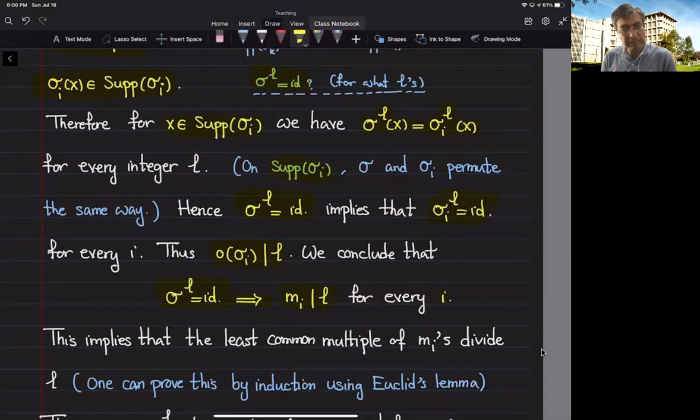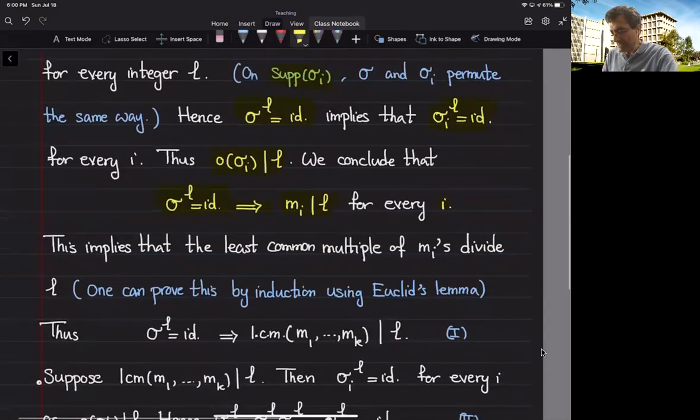In general, using Euclid's lemma, one can show that if m sub i's divide an integer, then the least common multiple of those integers should divide L. So altogether, we are taking this for granted. I'm not going over that proof. You can also use the unique factorization of integers to prove this. So altogether, we get the following: if sigma to the L is identity, then the least common multiple of m sub i's should divide L.